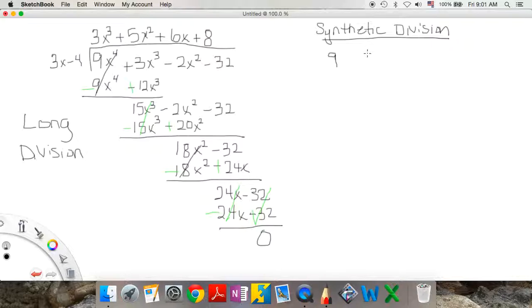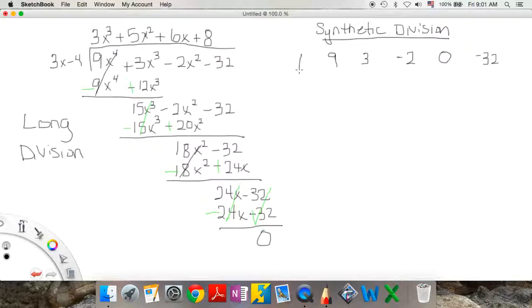That's for the fourth degree term. And then there's for the cubed term, for the squared term. Now, look, there's no linear term, so you have to put a 0 there for the synthetic division. You cannot forget any term. You've got to have all of them. So this is a 4th degree polynomial, so I should have my 4th, 3rd, 2nd, 1st, and then 0 power terms. You write out all your coefficients there.